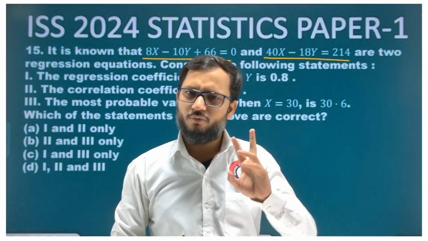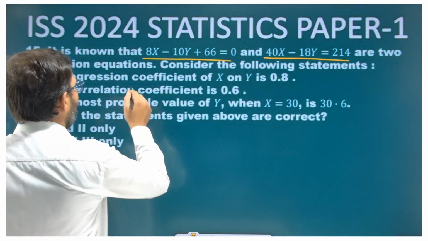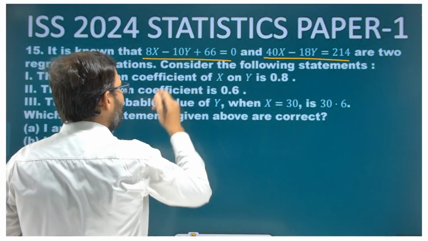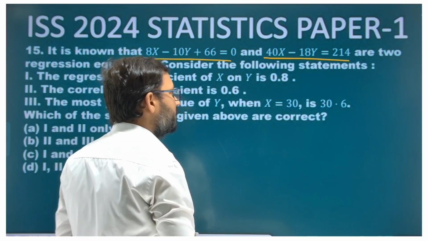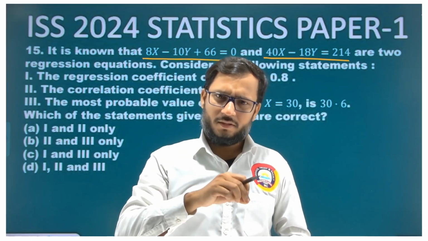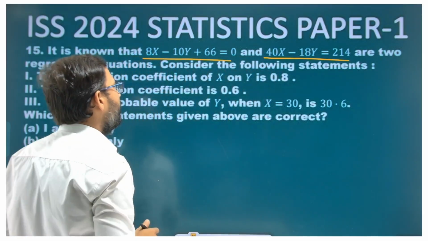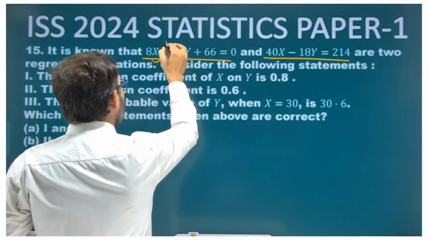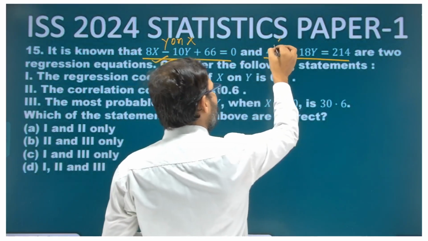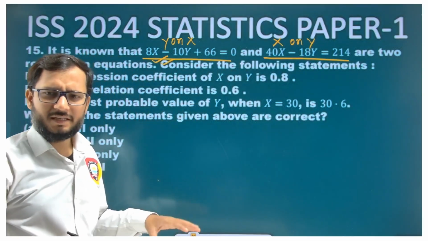Though it is never mentioned which particular equation is the line of regression of y on x and which is x on y, whenever nothing is said, the first will be the regression equation of y on x and the second will be the regression equation of x on y. Got my point? So we will see these two.